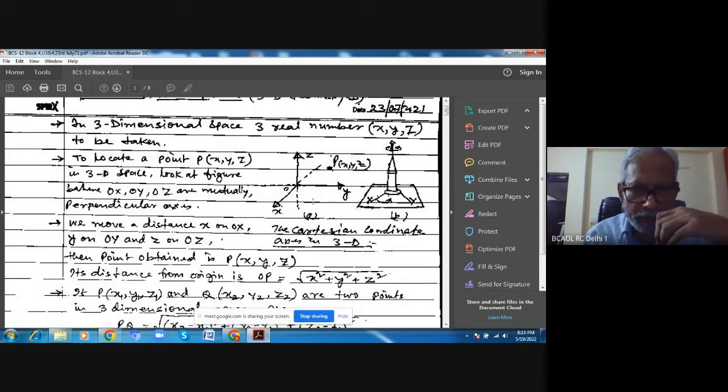To understand these things for three dimensions, it is very easy. Suppose you are in a room, and you stand in any corner of the room, on the floor. Your right-hand side wall gives one axis, the y-axis, and your left-hand side wall gives the x-axis.